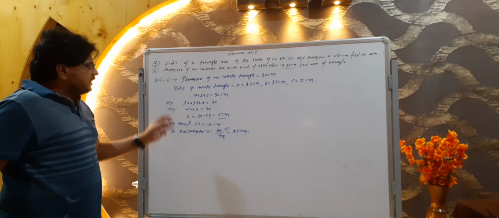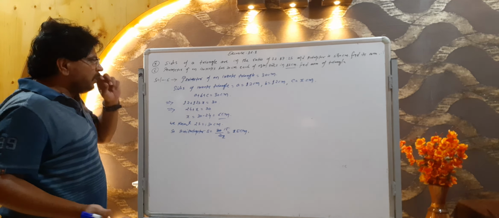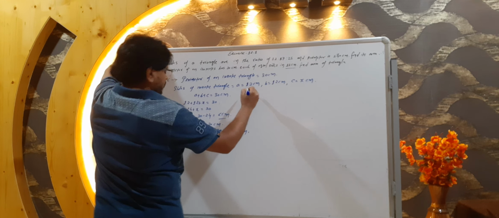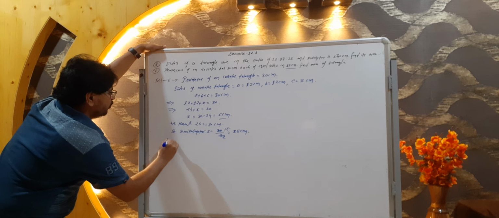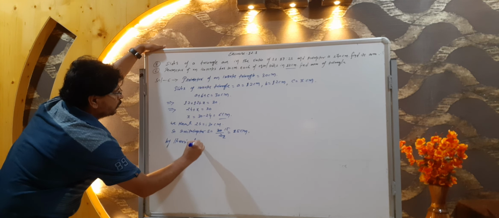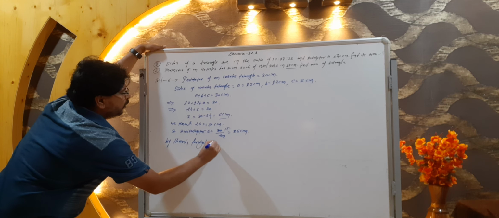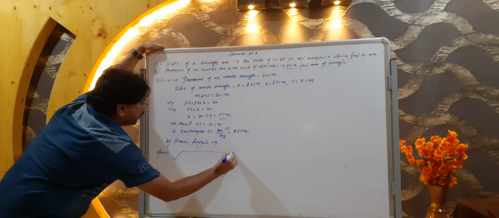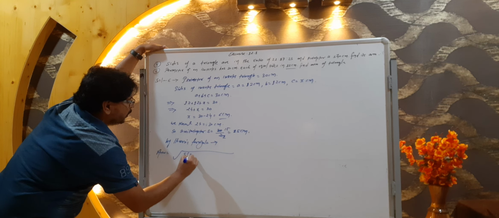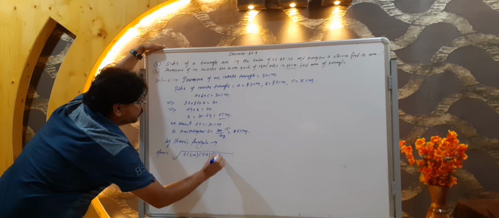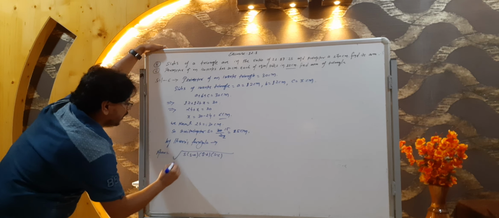Now we have A, B, C as well as S, so now by Heron's formula, what we can do? Area is equal to under root S into S minus A into S minus B into S minus C. Okay.